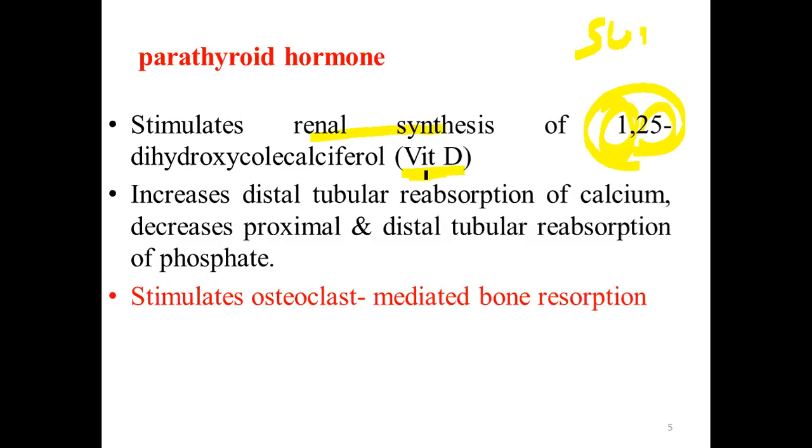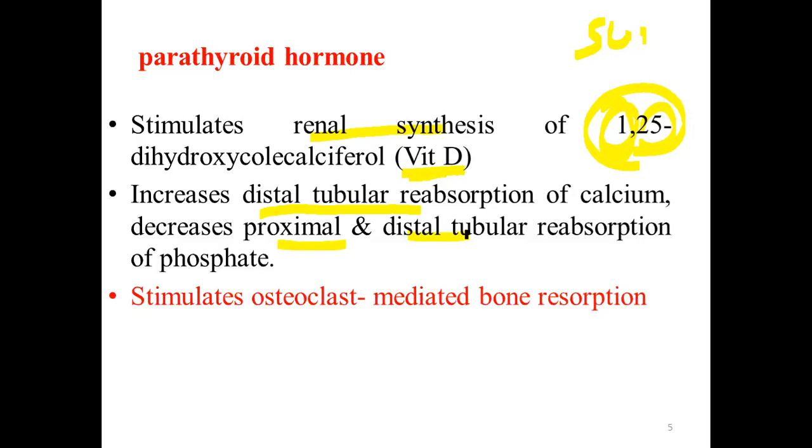Then apart from that, the hormone can increase distal reabsorption of calcium. That is another role. So it is very important to increase reabsorption from the kidney. Then it decreases proximal and distal tubular reabsorption of phosphate.